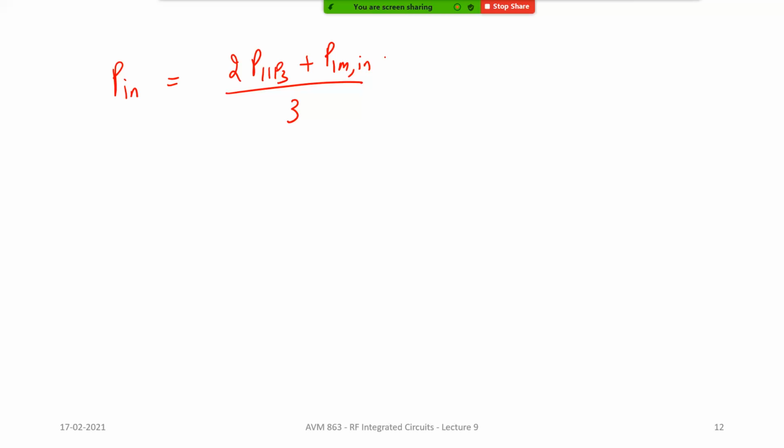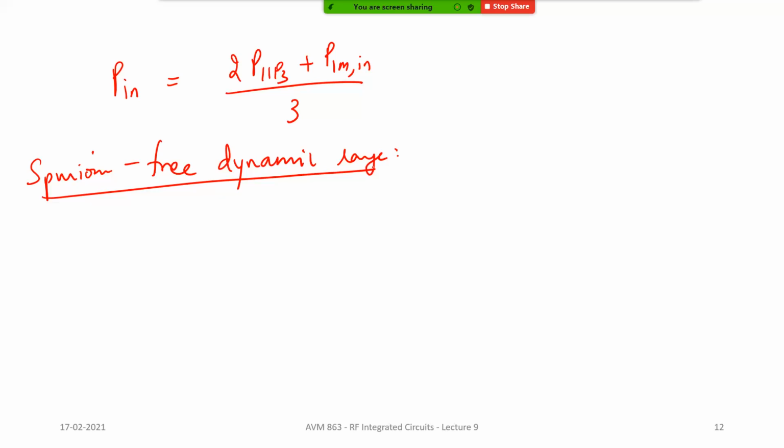Now one way of writing this, or this is also called the spurious free dynamic range. Basically this is defined as where you don't have any spurious tones, and this is defined as a point where the input power is such that PIM in is equal to the integrated noise of the receiver.